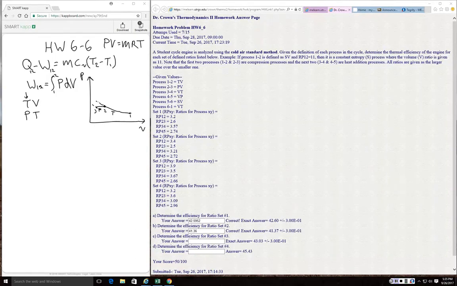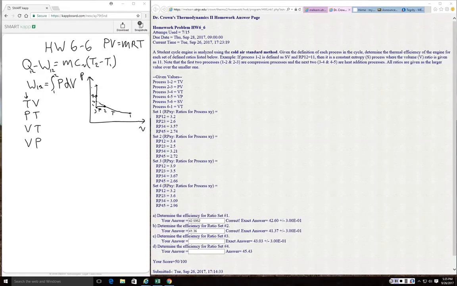Then the third process is a constant volume process with a temperature ratio given. So it's a heat addition process, so I'll be going up. This is constant volume and temperature ratio given. Then the next is another constant volume process with a pressure ratio given. So it will continue on up to state 5.